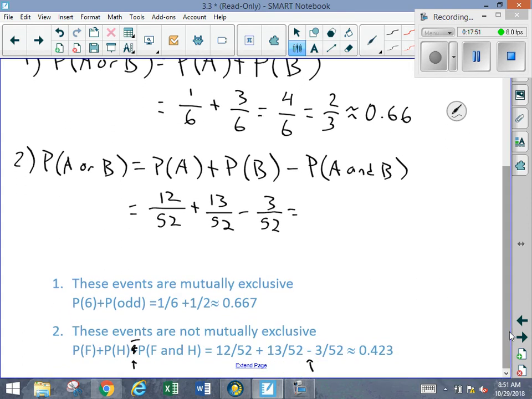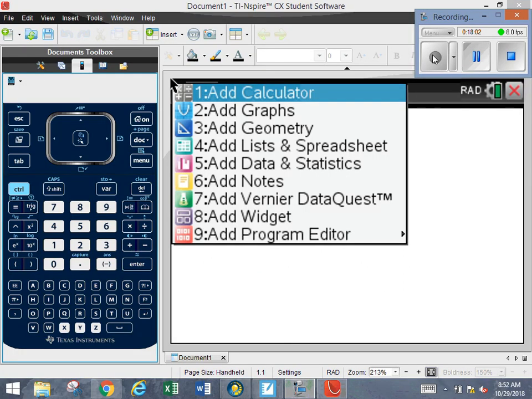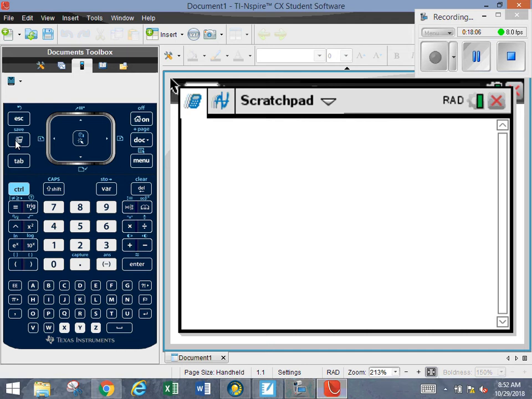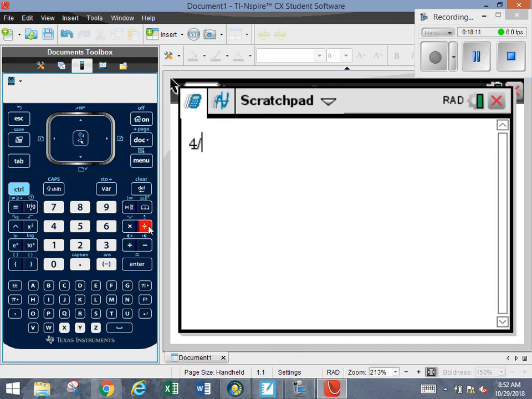All right, if you were to put that in your calculator, let's talk about how we want to do that. So we have 12 divided by 52 plus 13 divided by 52 minus 3 divided by 52. Oh my bad, that was not 3, it should be 13, and it should not be 4.